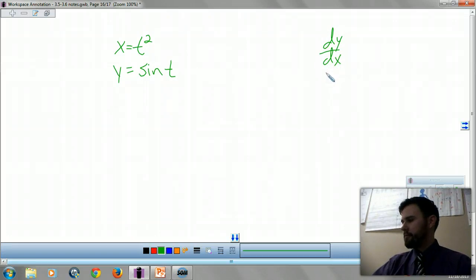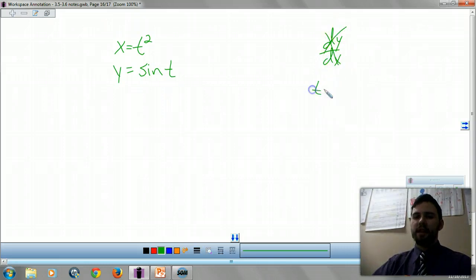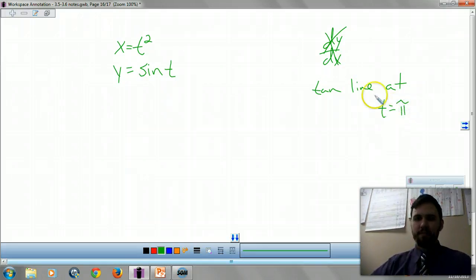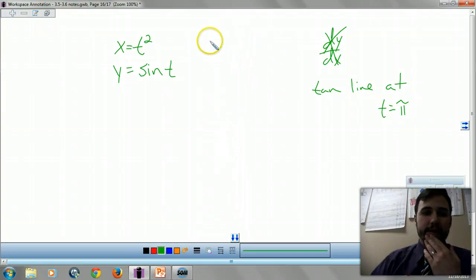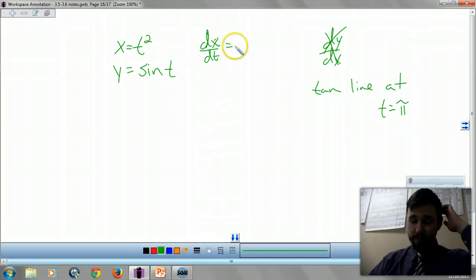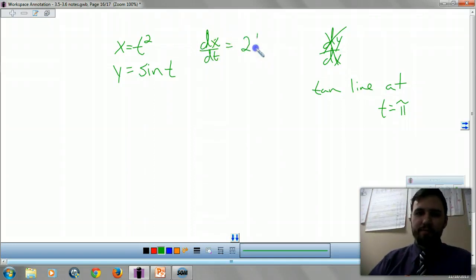Better yet, let's find the tangent line at t equals pi. So first I need to find the slope of my line at that point. So I need to find my dx over dt, the derivative of x with respect to t. Well, I'll bring the 2 out in front.